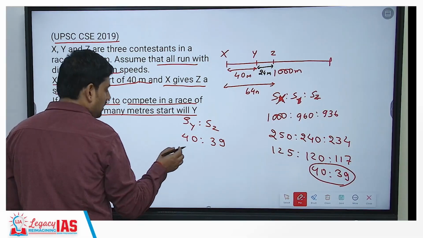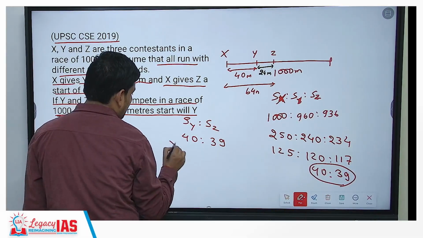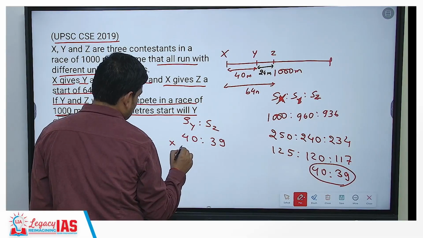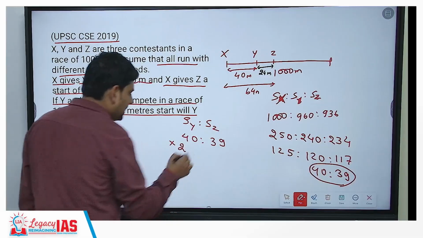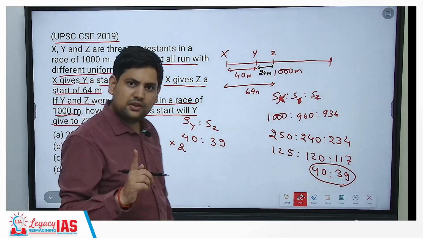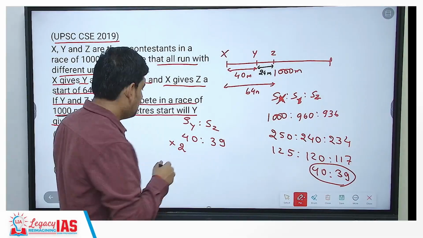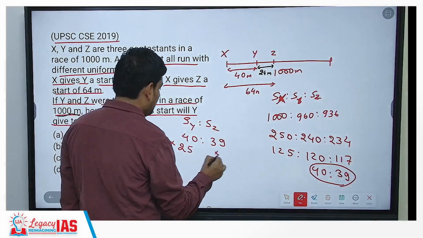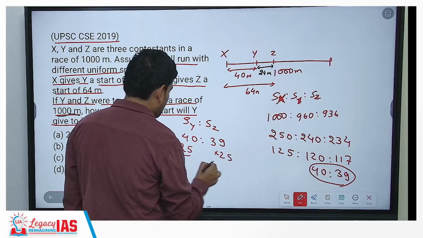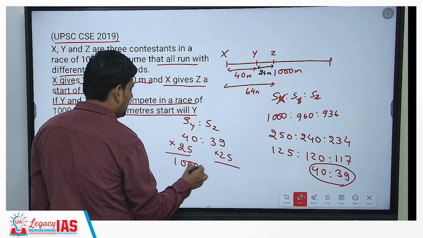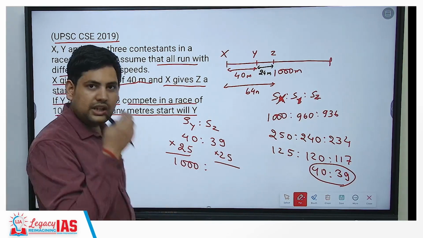So what I can do is simply multiply this. If I multiply 40 by 25, 40 into 25 will be 1000. I can multiply both sides by 25, in any ratio. So 40 into 25 will come out to be 1000, and 39 into 25 will be what?